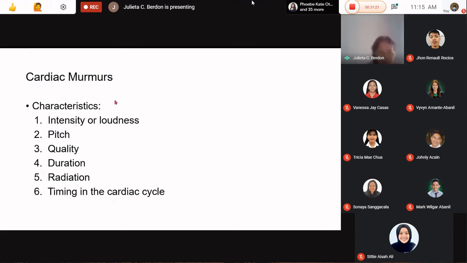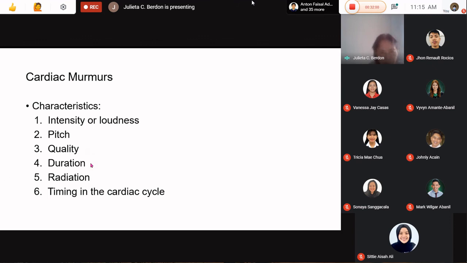Then the quality. It depends on your descriptive terms, on your vocabulary. If you have a good vocabulary, you can describe it as harsh, rough, rumbling, scratching, blowing, squeaky, or even musical. So it depends on how rich your vocabulary is in describing the quality of the murmur.